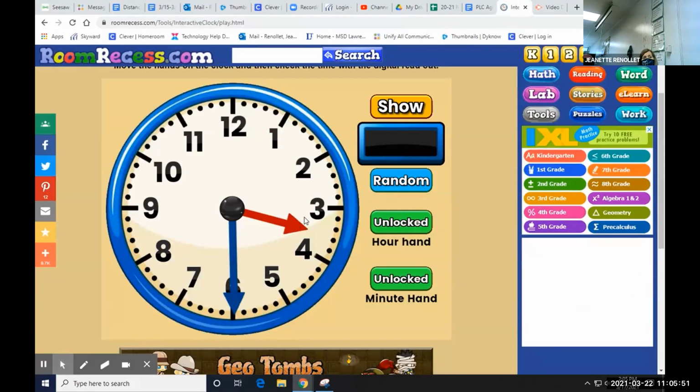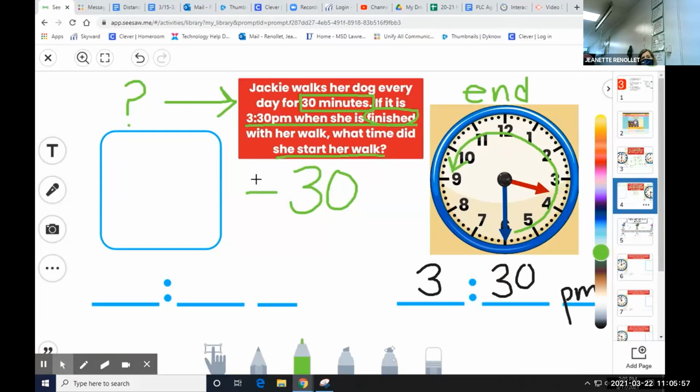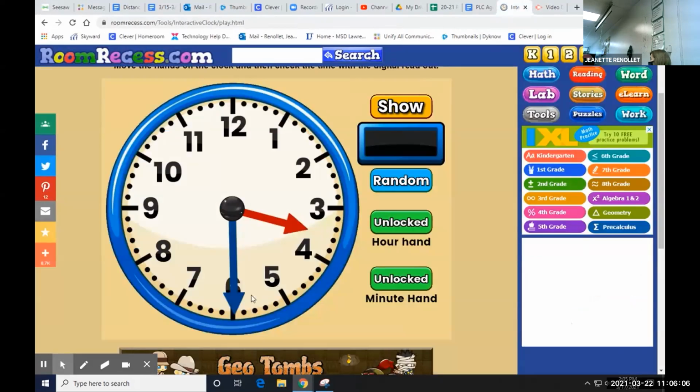Today you will start with the end time showing 3:30 p.m. and I want to take away 30 minutes. I want to go backwards in my day to see what time she started. Okay. I will take my minute hand and I will go backwards in my day by 30 minutes.